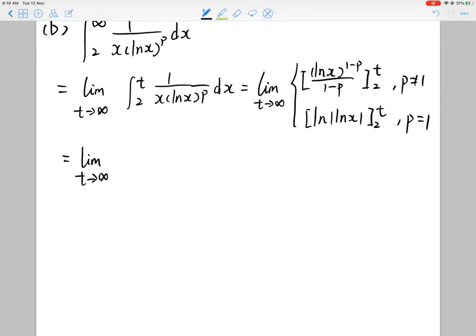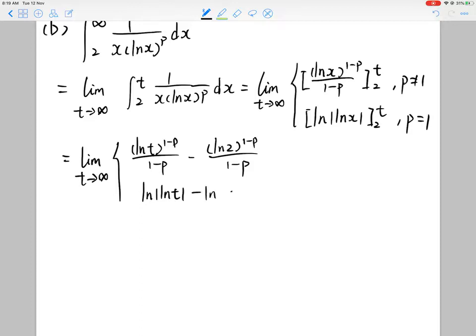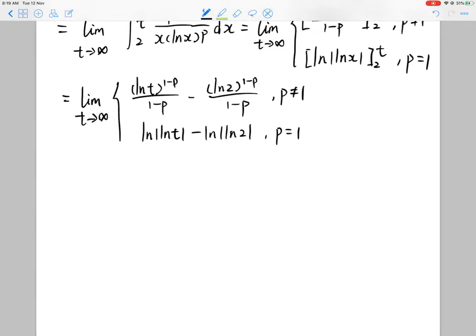Okay, so the first part is ln t to the power of 1 minus p over 1 minus p, minus the same at ln 2. The second part is ln t minus ln 2. So the first part, again, when t is approaching infinity, ln t is approaching infinity.